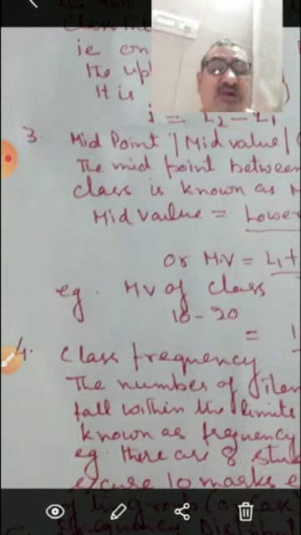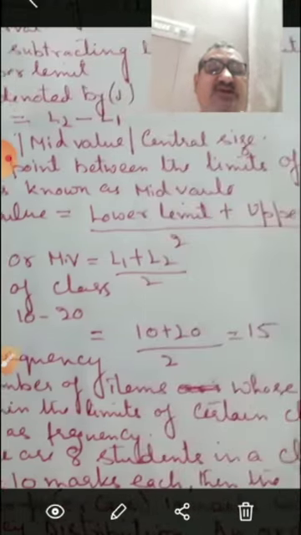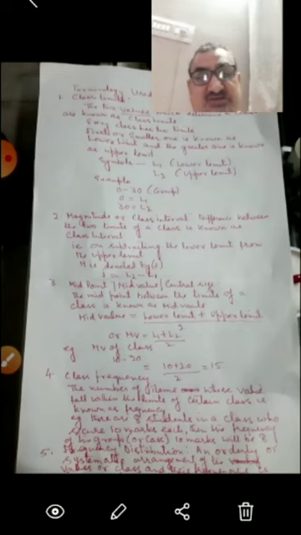Fourth important term is the class frequency. The number of items that fall within the limits of a certain class is known as frequency. Frequency is the occurrence.